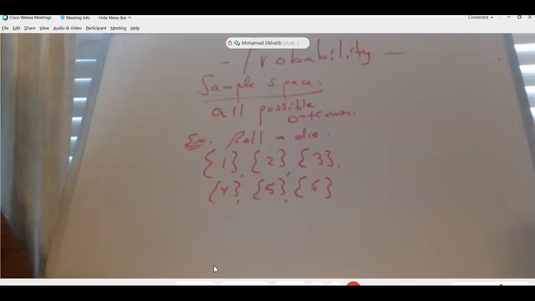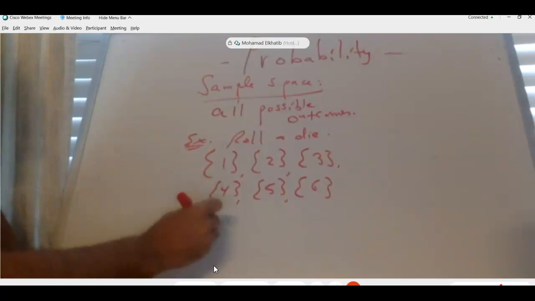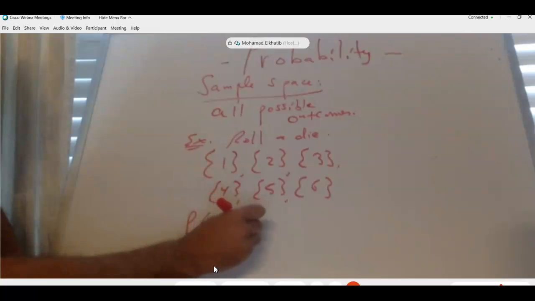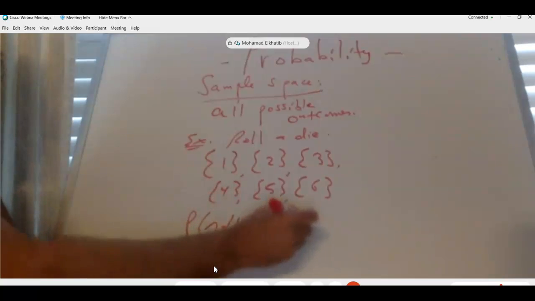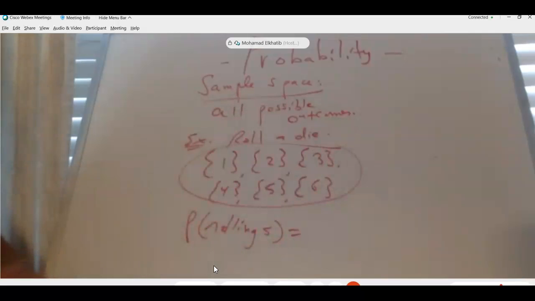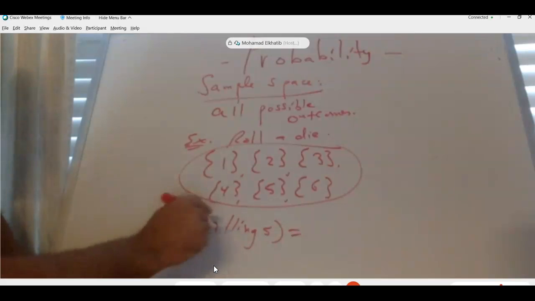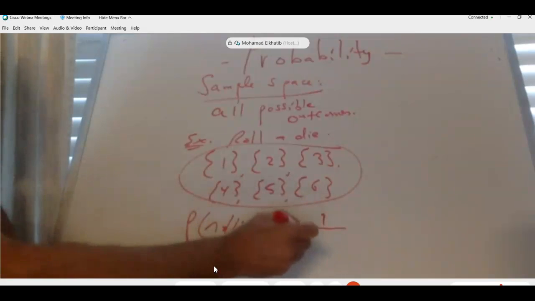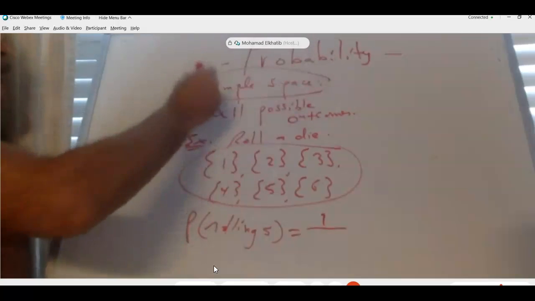Why is that important? If I ask you, what's the probability of rolling the number 5? How many 5s do you see over here? 1. You divide by always what? The sample space.